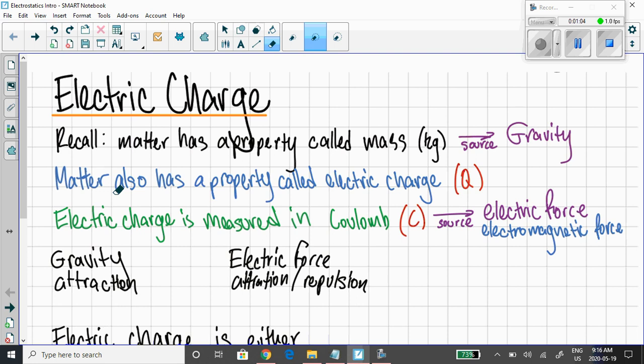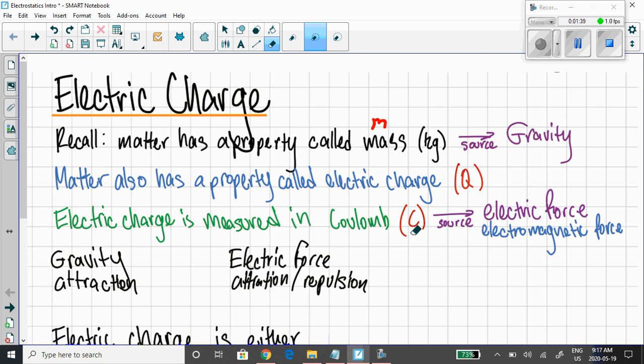And this property of matter is called electric charge. Now, just like mass has a symbol M, electric charge has a symbol Q, which literally the Q is for quantity of electric charge. Now, electric charge has its own unit. Just like mass is measured in kilograms, it is measured in coulomb, and big C for short form, just like kg is short form for kilograms.